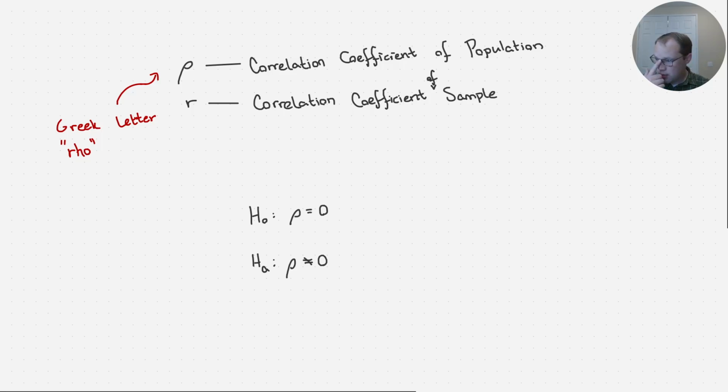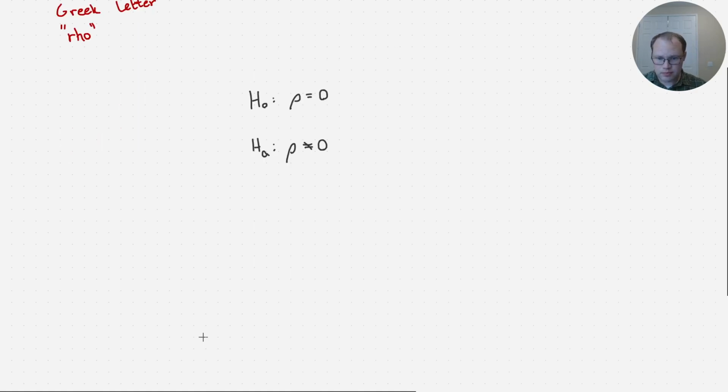Okay. Now, when testing the correlation coefficient, we are going to use a t-distribution. So our sampling distribution is a t-distribution, and we use n-2 degrees of freedom.